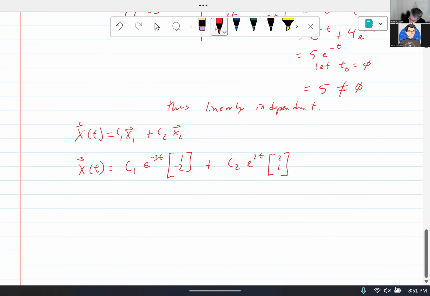We could write this as a vector. So x of t is equal to, we could multiply this out.